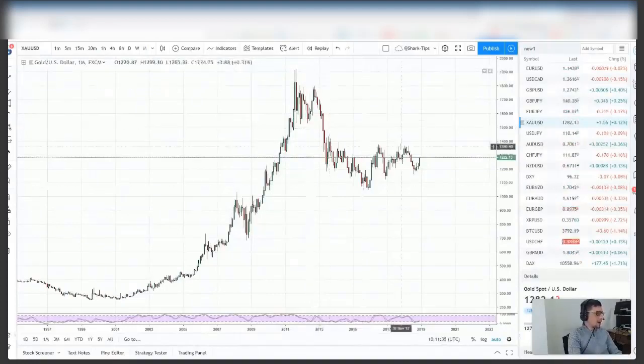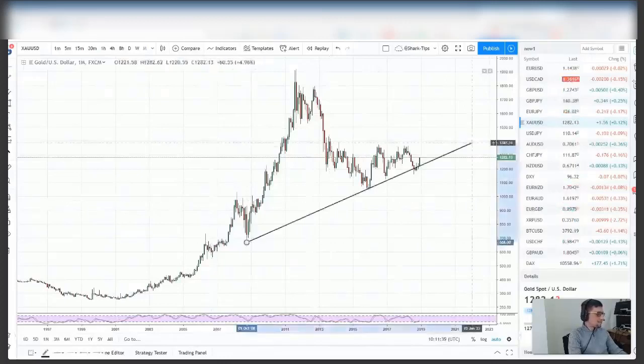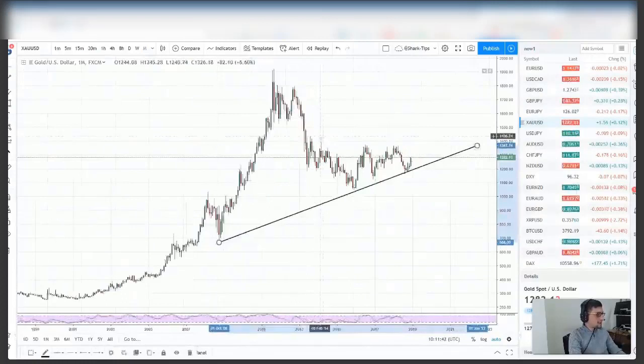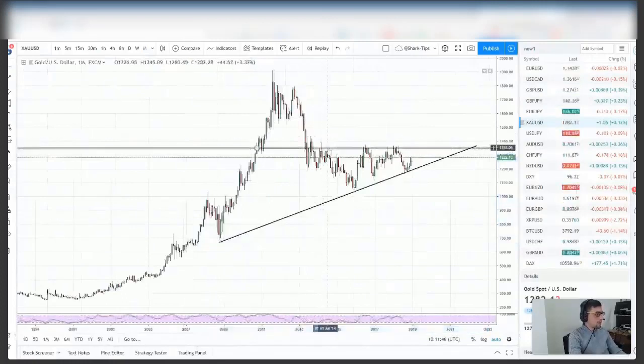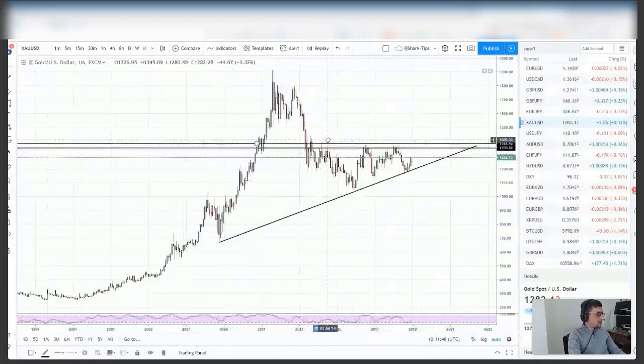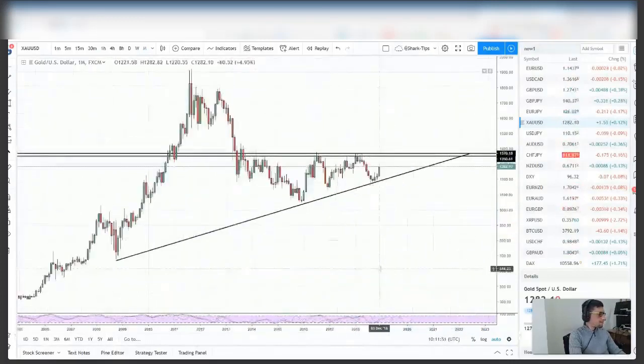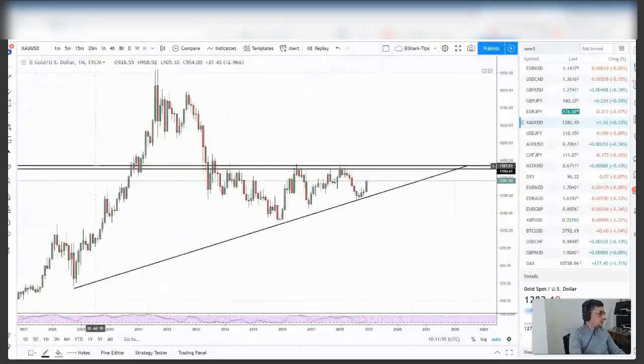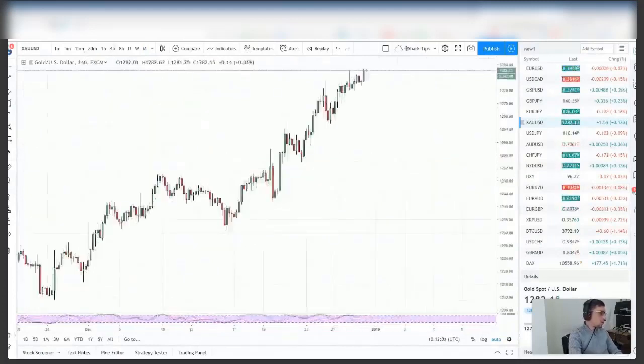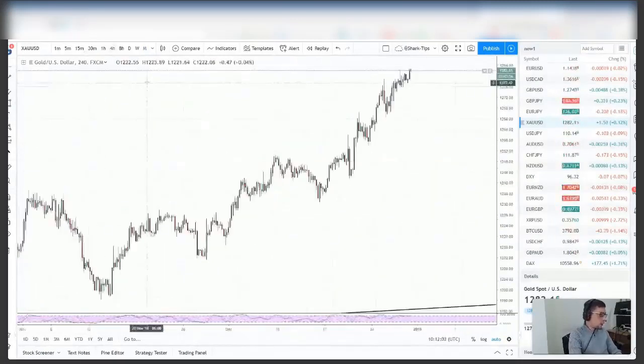Looking at the monthly, we can now see that we are respecting this monthly trend line, and we are getting close to our monthly resistance between 350 to 370. So if this economic slowdown continues throughout the first quarter of the year, which from the signs right now, it looks like it will, who knows, right?